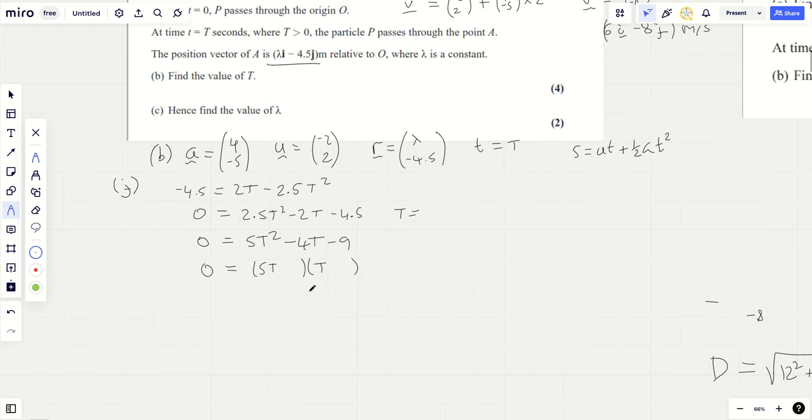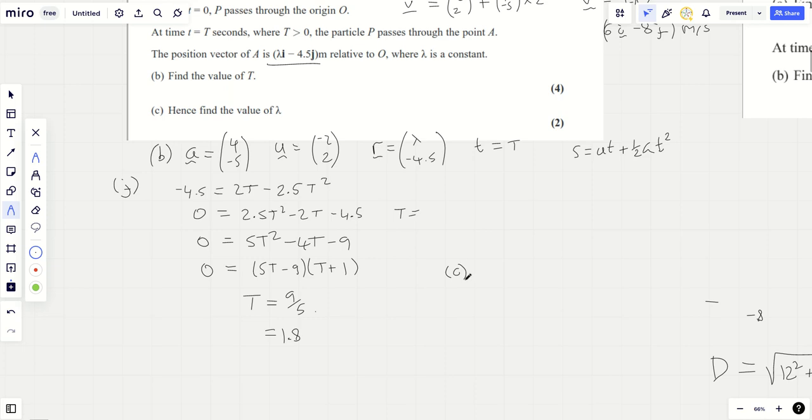Okay, so, well, let's see, can I factorize a quadratic? That's big talk. Minus 9 and plus 1. Okay, minus 9t plus 5t is minus 4t. It's looking good. So t is 9/5 because it's 5t minus 9 equals 0, so 5t is 9, so t is 9/5, or 1.8. Okay, there we go.